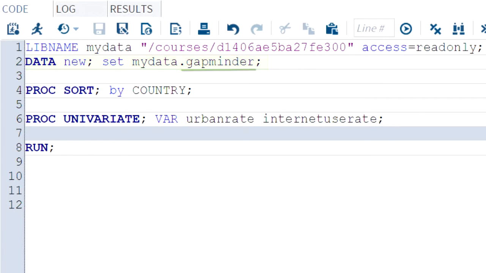We end the data step by sorting according to the unique identifier. In this case, the unique identifier is country. Next is a proc univariate and var statement, in order to examine the central tendency and spread or variability of both urban rate and internet use rate. Then the program ends with a run statement.